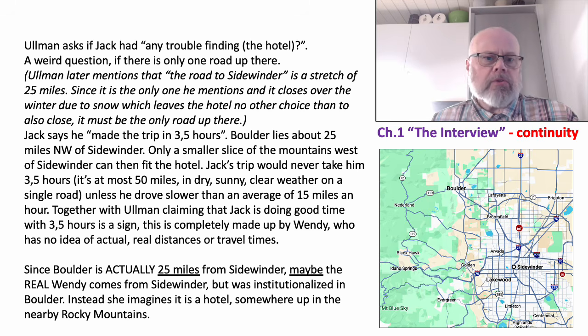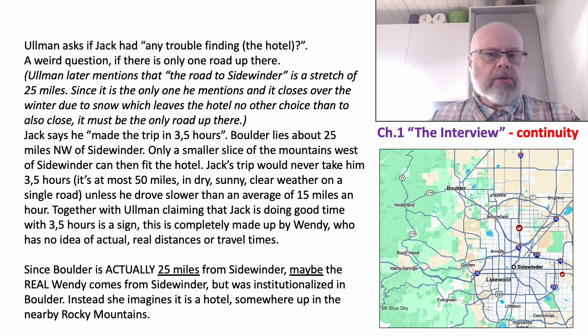It's at most 50 miles in dry, sunny, clear weather on a single road, unless he drove slower than an average of 15 miles an hour. Ullman claiming that Jack is doing good time with 3.5 hours is a sign this is completely made up by Wendy, who has no idea of actual real distances or travel times.